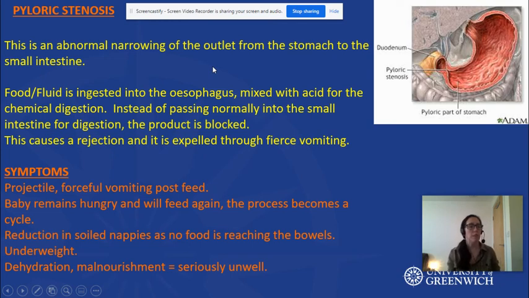Pyloric stenosis is an abnormal narrowing of the outlet from the stomach to the small intestine. So the food and fluid that comes in via the esophagus goes on with its little digestive system. I'm sure you can write about that from your Nanny Pat module, the 5 stages of digestion. And instead of normally going through the stomach, through the duodenum, into the small intestine, it gets cut off and it's blocked from going through its digestion.